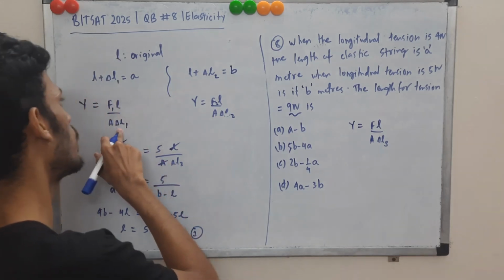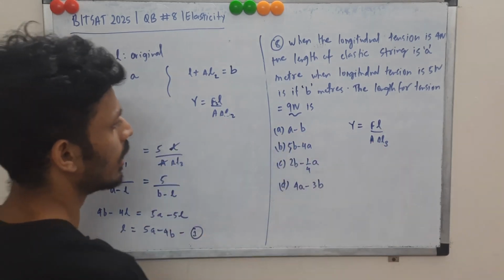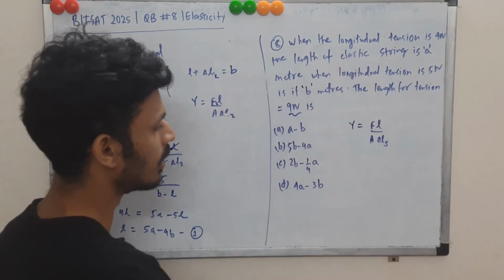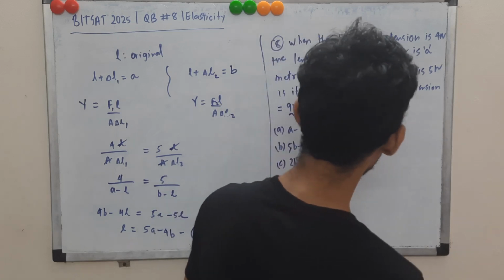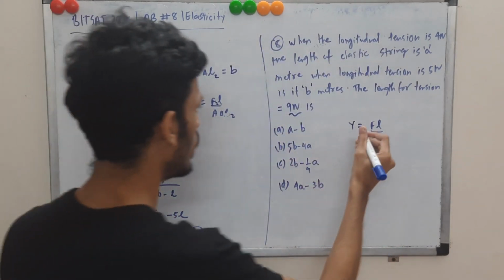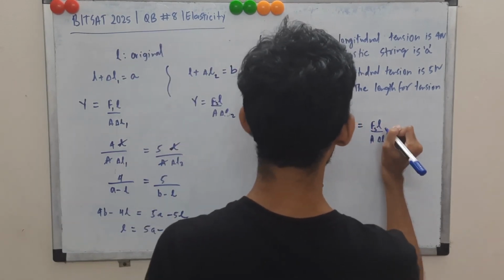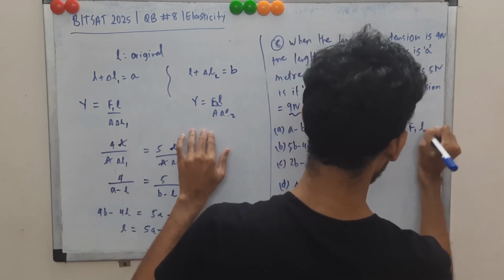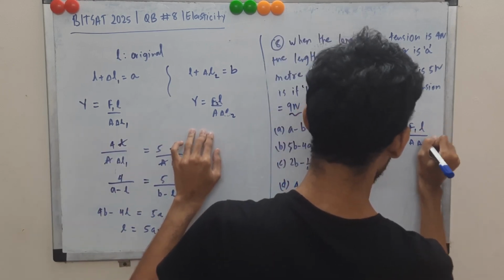This is for 4 newtons, this is 5 newtons, this is 9 newtons. Again, Young's modulus remains the same, the wire is the same, only the tension we are changing, right? So you can compare this with any of these ones. I'll write F3. I'll compare it with the first one. You can also do it with the second one. The thing will not change.